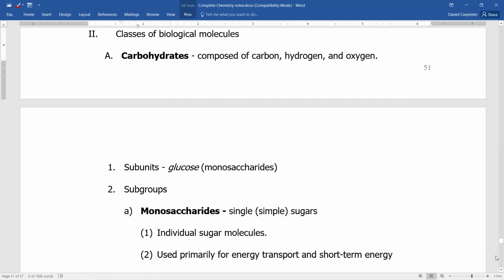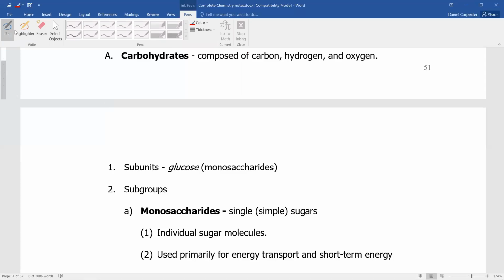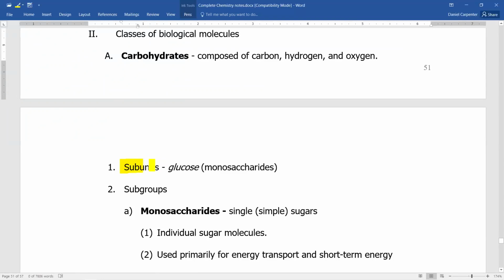Talked about this yesterday. The subunit is what they're made of, and the subgroups are the different kinds of them. These are complicated compounds. I mean, they reduce to simple parts maybe, but all of life runs on these things, so they have to be complicated.